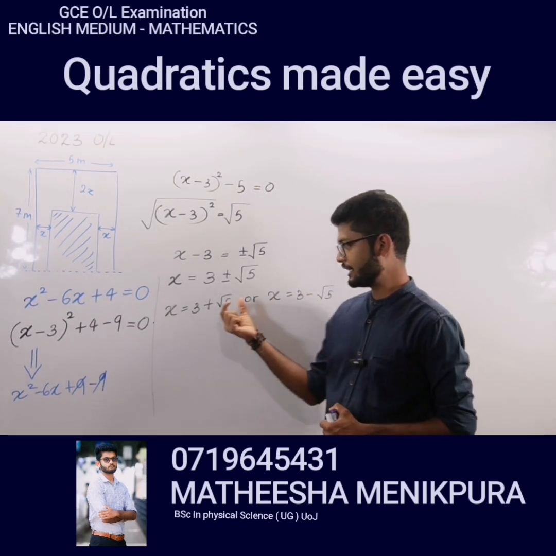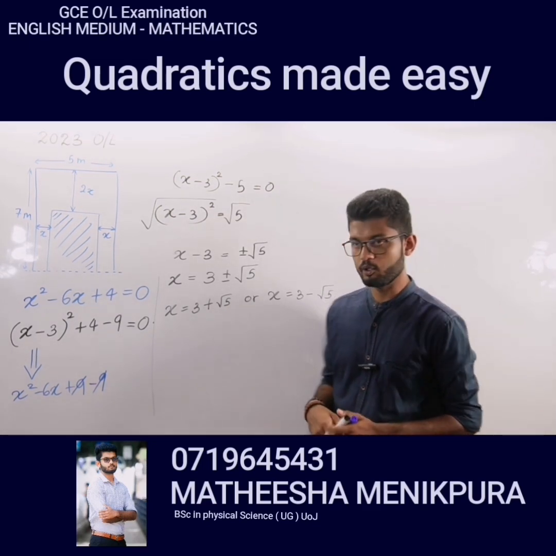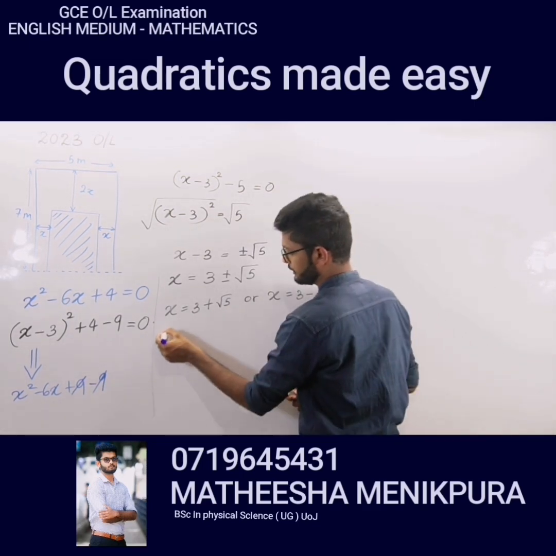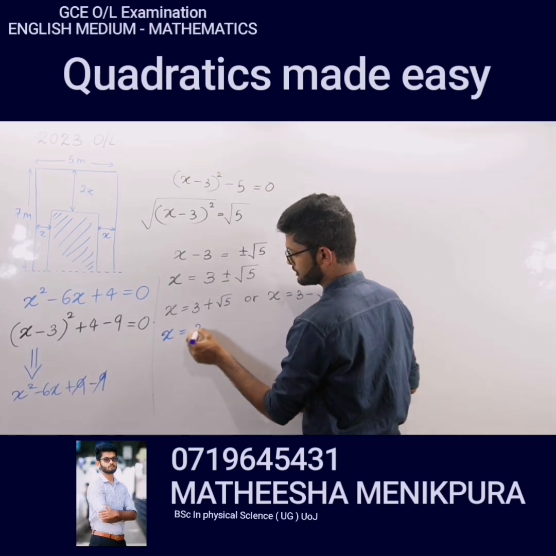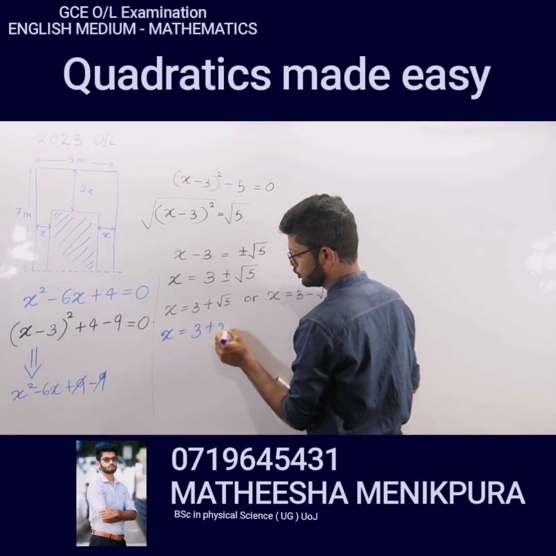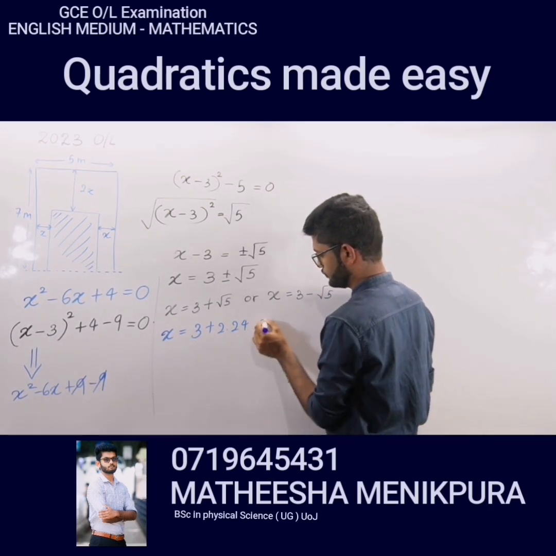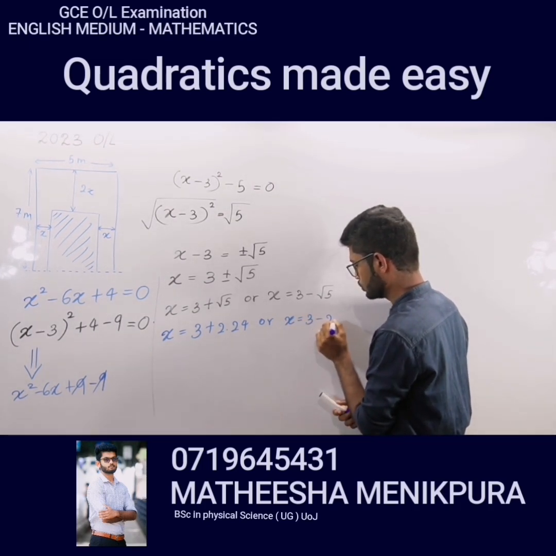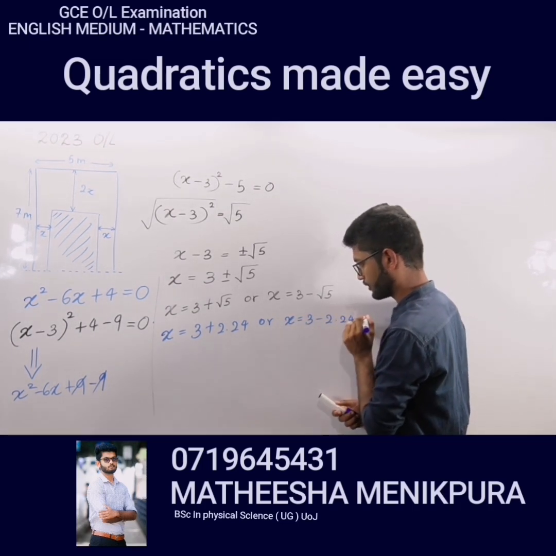Now in the exam question, they have given a value for the square root of 5, and that is 2.24. So I'll take x equals 3 plus 2.24 or x equals 3 minus 2.24.